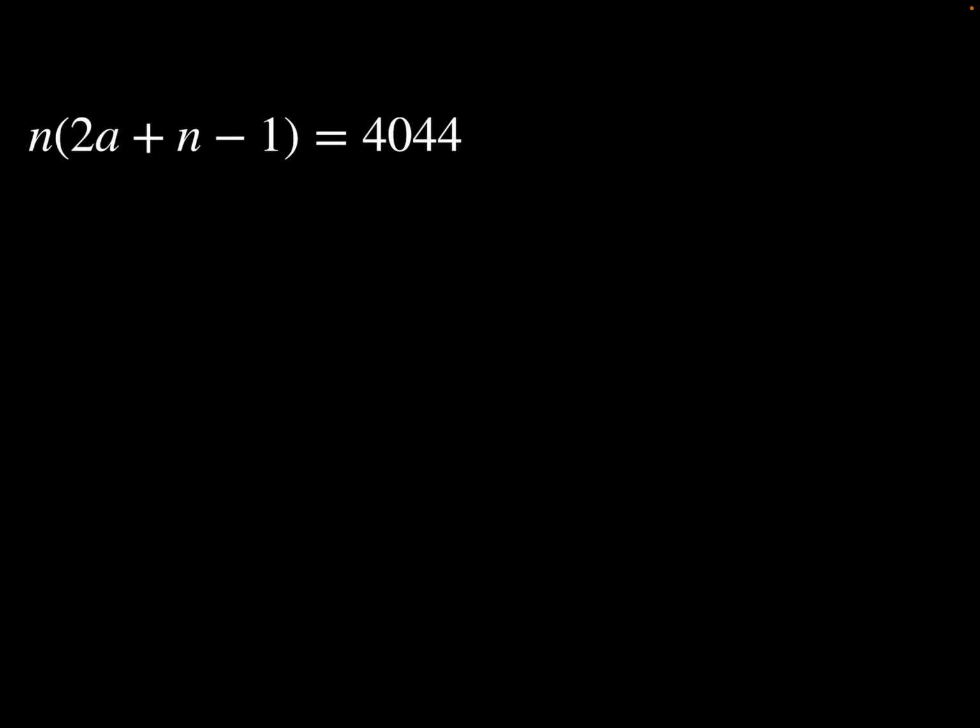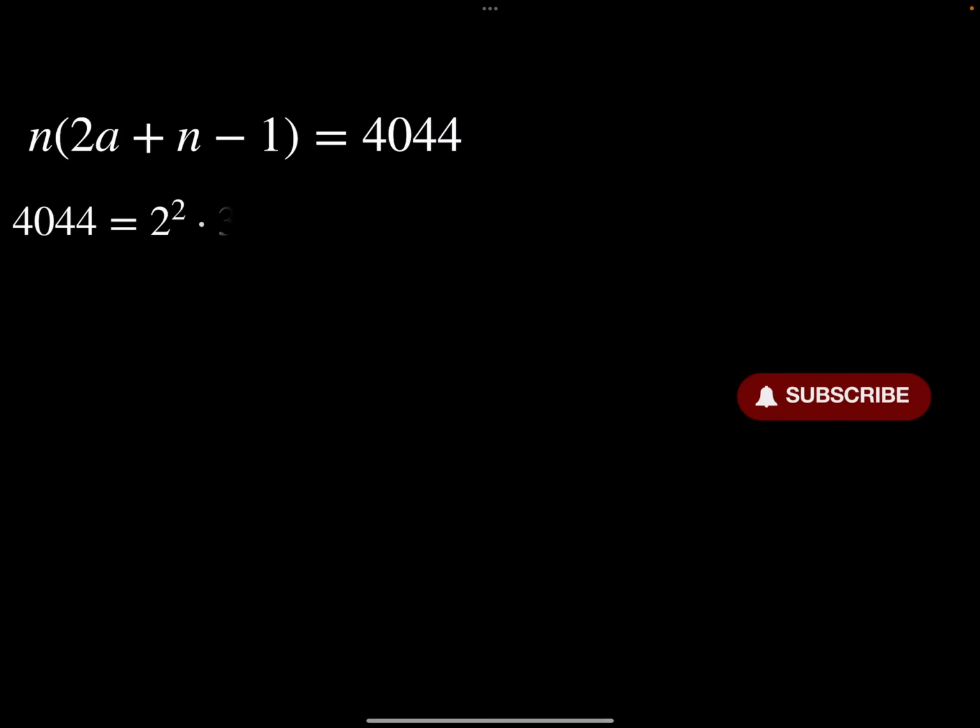And those two terms must be positive integers because n is an integer and 2a plus n minus 1 is also an integer. So in order to do that, we have to know the prime factorization of 4044, which of course is given by 2 squared times 3 times 337.